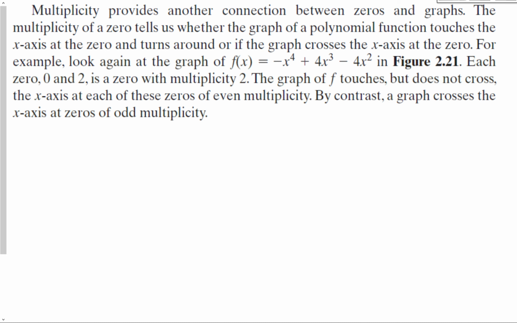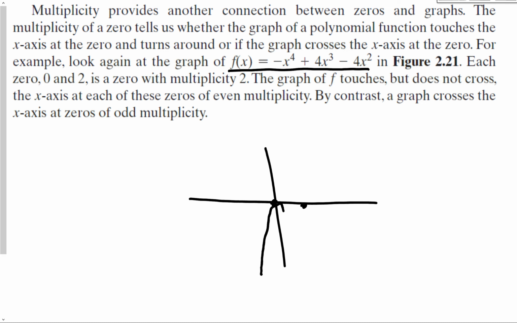For example, if we looked at the graph of this function, hopefully I included it. Nope, I didn't include it, but that's okay. It has a zero at 0 and 2. It's going to look something like that. Trust me on this. Next time I'll have a better picture for you. But if we look at the graph of that function, each zero, 0 and 2, is a zero with multiplicity of 2.